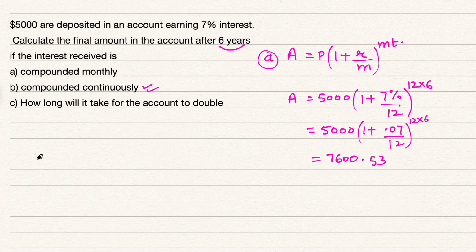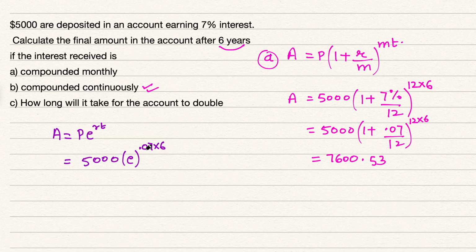Now our formula will be amount is equal to principal times the growth factor e to the power rt. So 5,000 is the initial amount, e, 7% is the rate of interest, times 6.